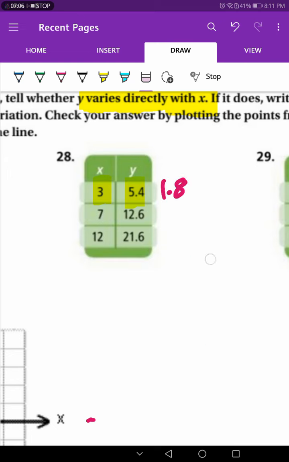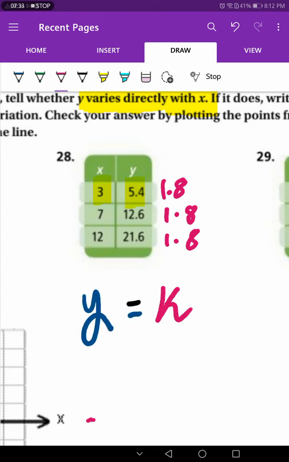The second one is also 1.8, and the third one is 1.8. So how can we write the direct variation equation? y equals k multiplied by x.